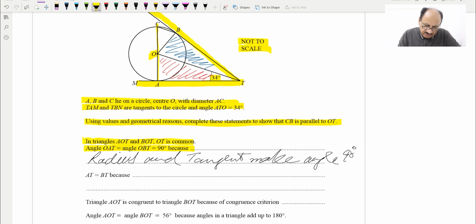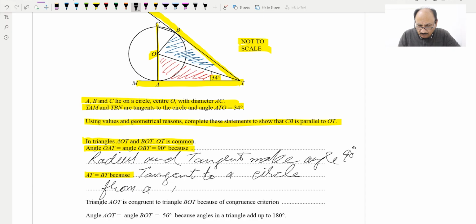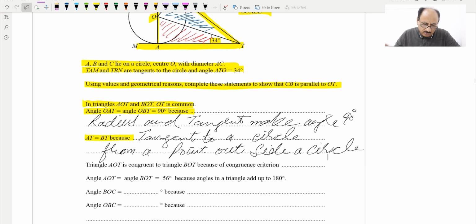Then they're saying AT is equal to BT because tangents to a circle from a point outside the circle are equal. Then triangle AOT is congruent to triangle BOT because of the congruence criterion, which is RHS.